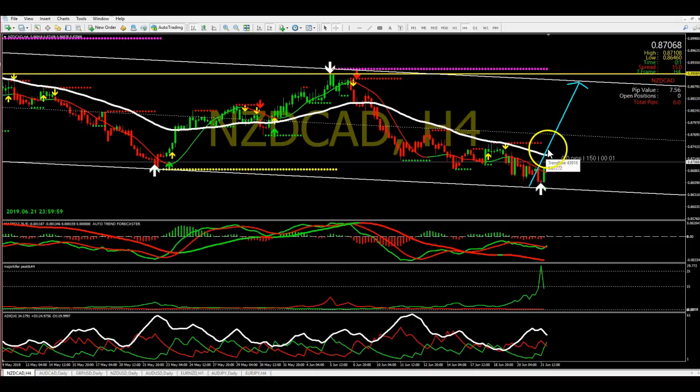0.89 line. And as you see here on the MACD, the MACD already has a crossover, which means it's going up. And right here, the ADX also has the crossover just started right now.